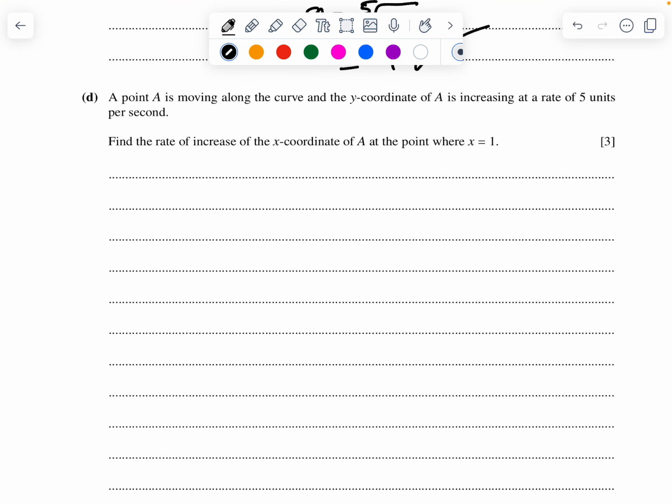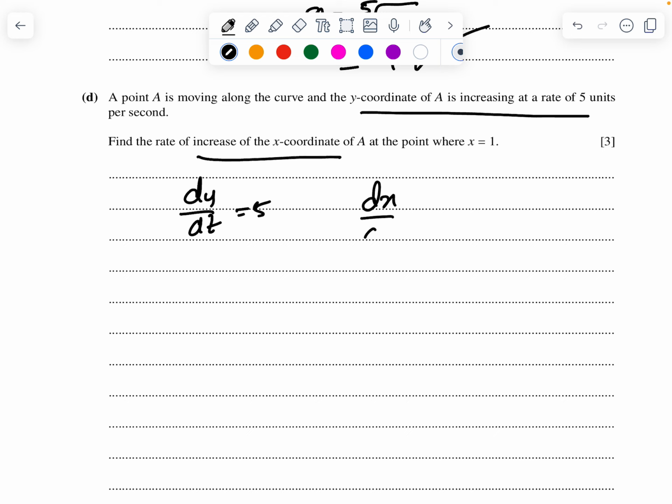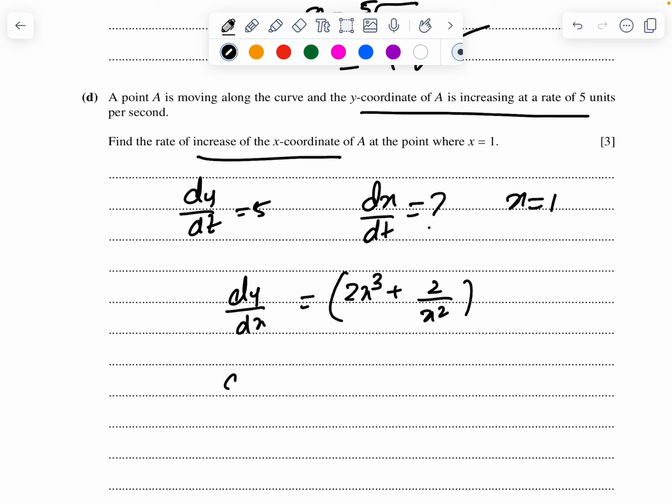Then he is telling that the y coordinate is increasing at a rate of 5. So dy/dt equals 5. Find the rate of increase of the x coordinate. dx/dt equals question mark, at x equals 1. So dy/dx equals 2x³ + 2/x². Now bring the dx to the other side: dy equals (2x³ + 2/x²) dx.